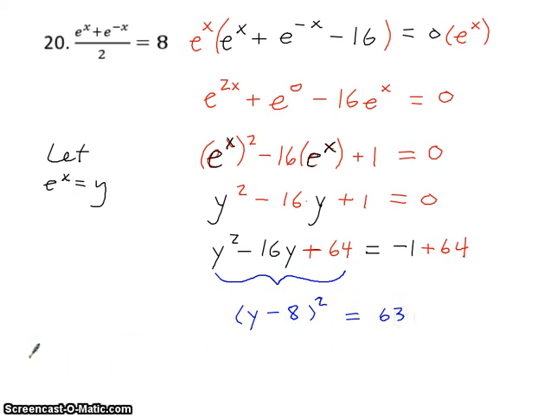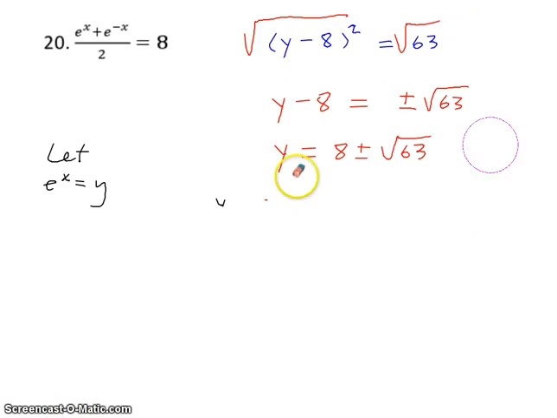Alright, so from here, let's go ahead and solve for y. I'm going to erase some things. Alright, so what I've done is I've taken the square root of both sides and added the 8 to the other side. And so we have y equals, and we're not interested in y, we're interested in x. So I'm going to substitute back in what y is equal to.